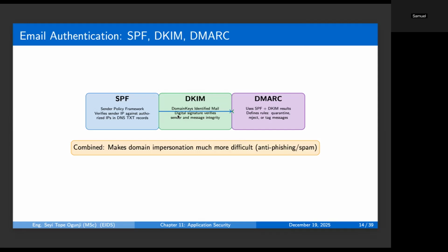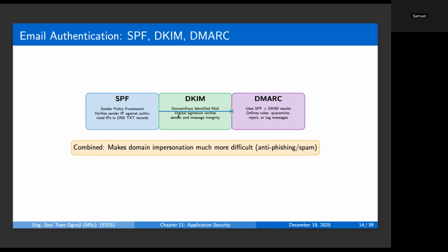That's the question here. The keyword in SPF is allowed. The keyword in DKIM is really from. In DMARC, the keyword is do. What should we do if SPF or DKIM fails?